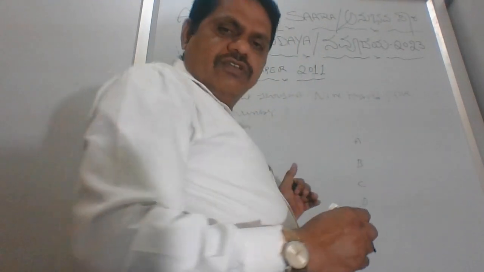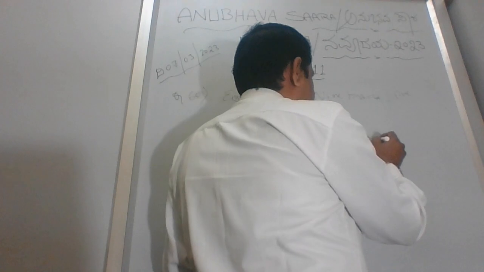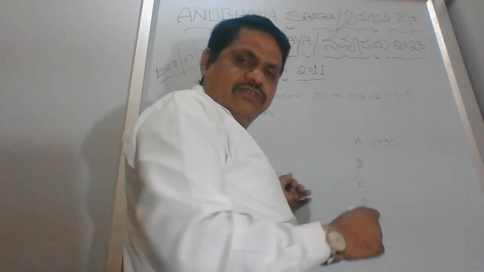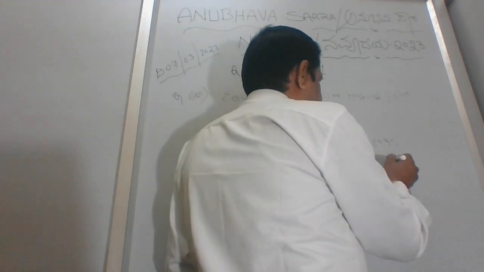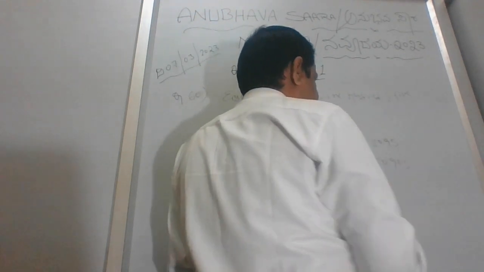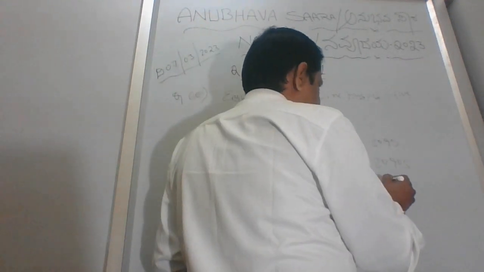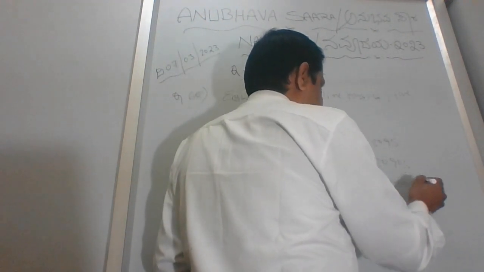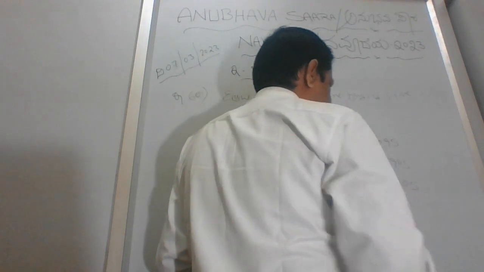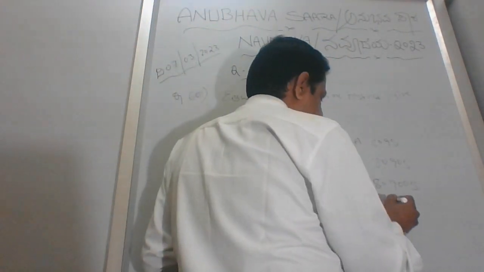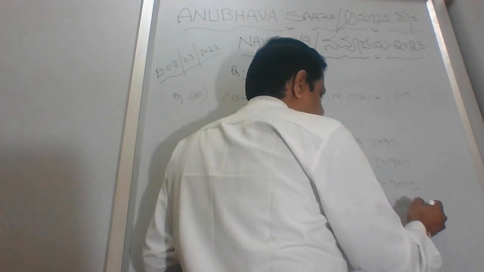A is 8095. Option B is 80905. Option C is 809005. Then option D is 8009005.